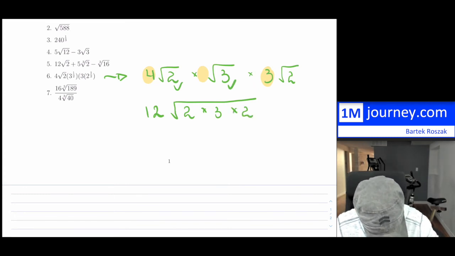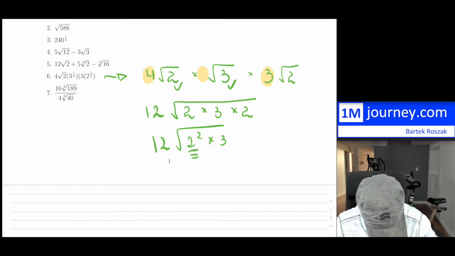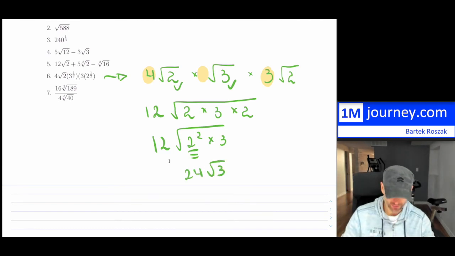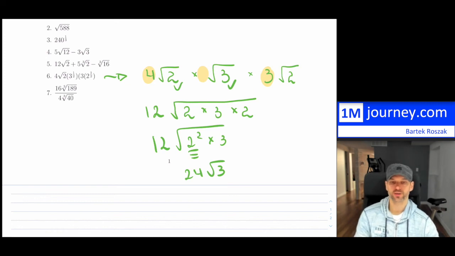So this is going to be 2 squared times 3. The 12 is in front. This 2 will now come out, and 2 times 12 is 24. This one actually works out pretty nice. So that's 24 times square root of 3. That's your answer there.